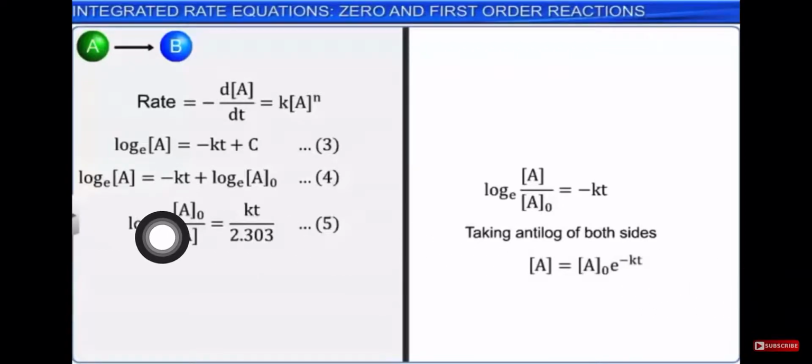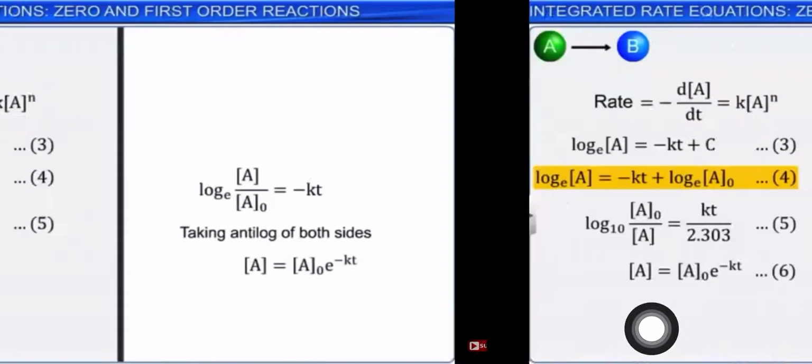Go through this once again: log A is equal to minus KT plus log e concentration of A0. Now log e comes to this side, the opposite side minus sign is going, and this term we are getting. This can be rearranged by taking the anti-log on both sides to remove the log. You know why we are taking anti-logs, right? So it will become A is equal to A0 e raised to minus KT.